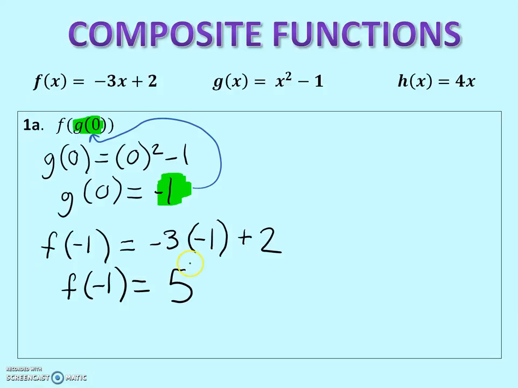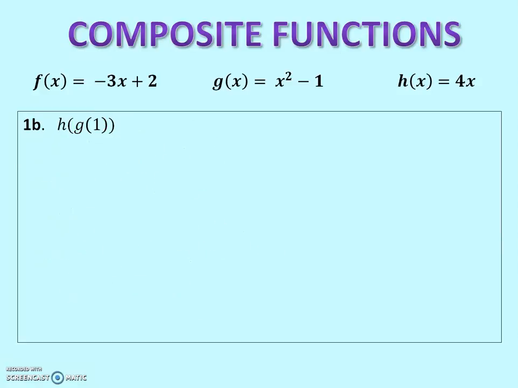And at this point, you're done. You just found out that f of g of 0 equals 5. Good job. Now try to do number 1B on your own. Pause the video and then come back to check your work.